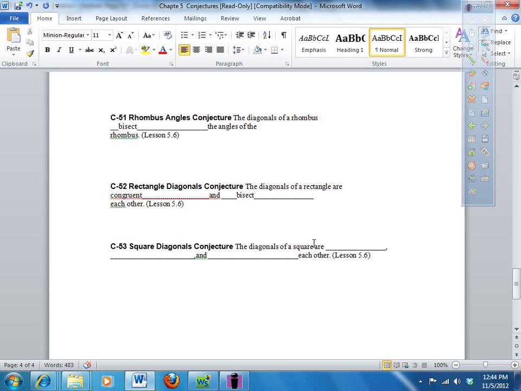So square diagonals: since a square is a rectangle, and a square is also a what? A rhombus, then it has all the properties of both a rectangle and a rhombus. So the diagonals of a square are congruent, right?